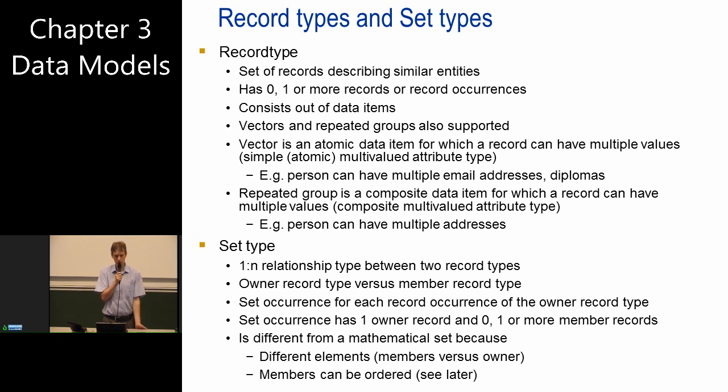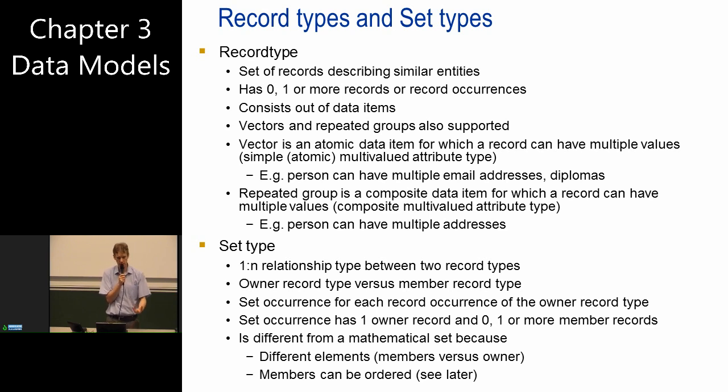A repeated group is a multi-valued composite attribute type. That means it's a composite data item or attribute type that could be meaningfully decomposed. Address is an example of a composite attribute type. Address can be decomposed into street name, street number, zip code, city, and country. And it could also be multi-valued. Remember, students can have multiple addresses.